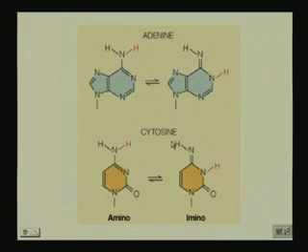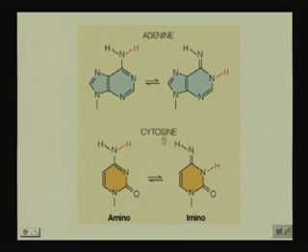So, what is the type of tautomerization you see here? It is an amino-imino type of tautomerization, where your hydrogen is shifted from the amine group to form an imine. Okay. So, we have this H shifted in cytosine.